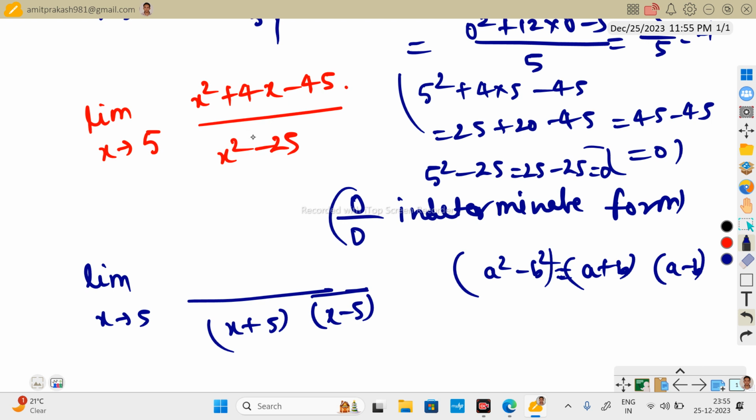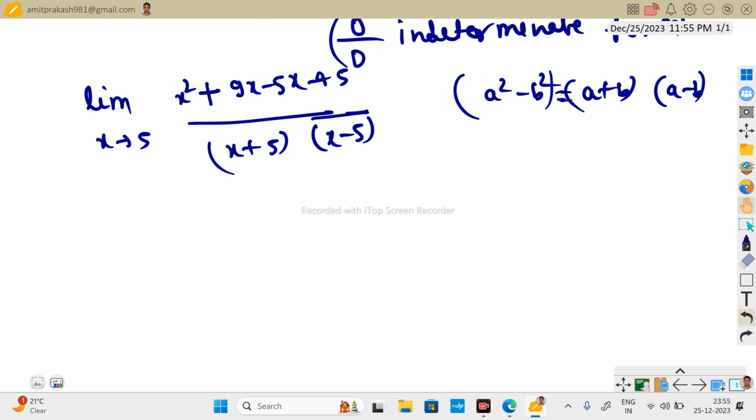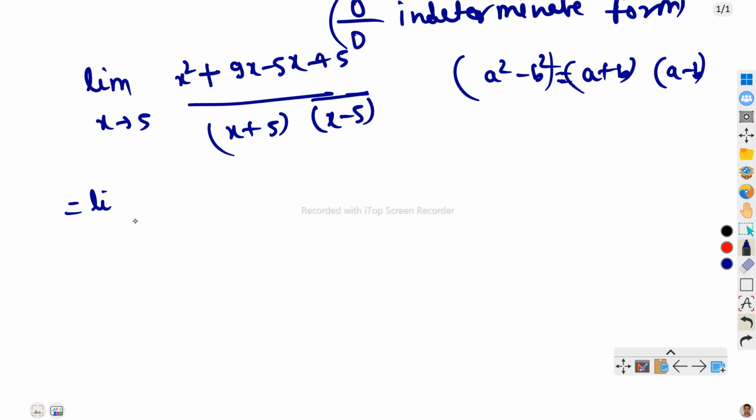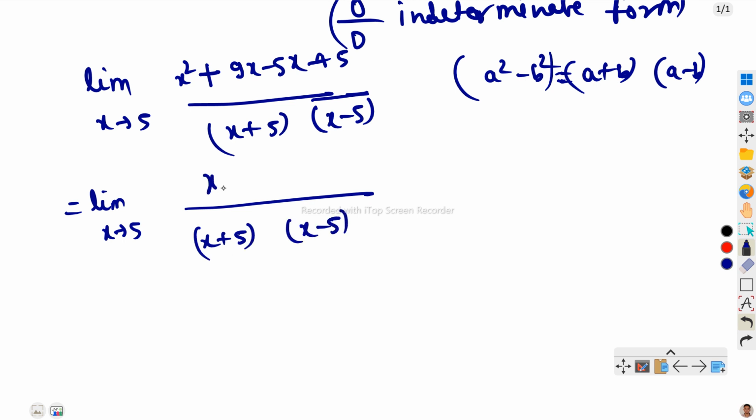Again we can factor out the numerator x square plus 4x minus 45 by breaking the middle term. The middle term can be written as 9x minus 5x minus 45, and this can be written as x plus 9 into x minus 5.